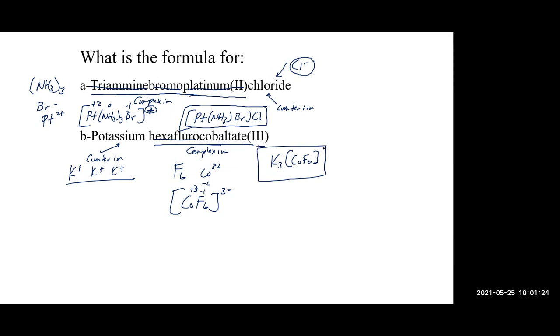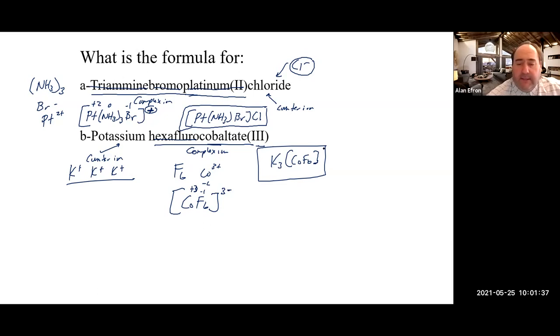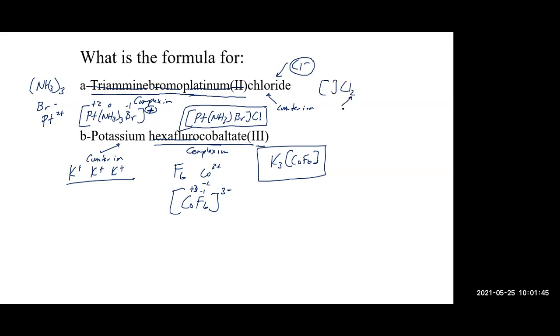I have a quick question about the first one. Since chloride is the counter ion, if there were 2 chloride ions, would it be called dichloride or would it still be called chloride? So is your question, if the counter ion was like this and you had 2 of them? Yeah, if there were 2 or 3 or 4 of them.